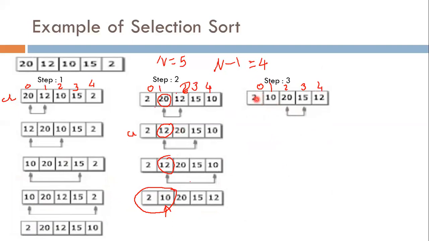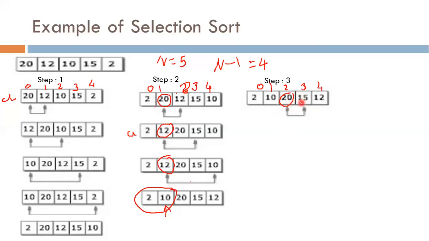My third element is at position A of 2. Now A of 2 is compared first with A of 3, and after that A of 2 is compared with A of 4. First compare A of 2 with A of 3, meaning 20 and 15.